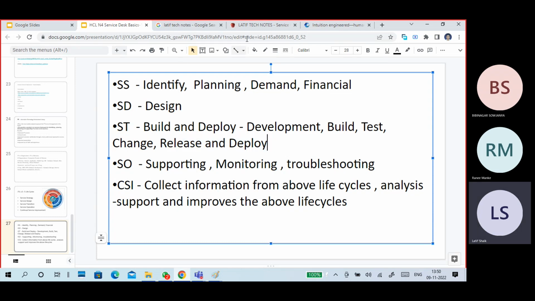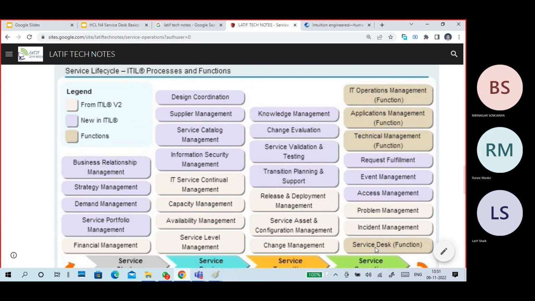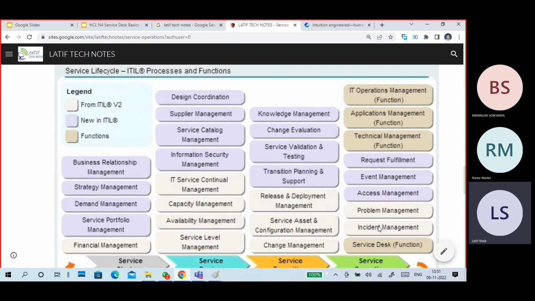Next one is service operation. This is the fourth one. Service desk, incident management, problem management, access management, and request fulfillment are in service operation. It performs routine service operations.